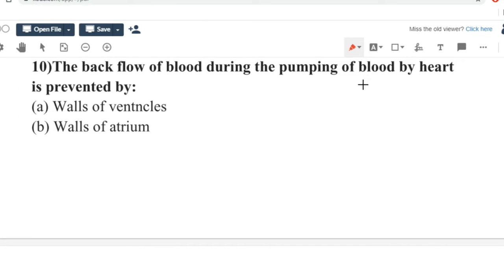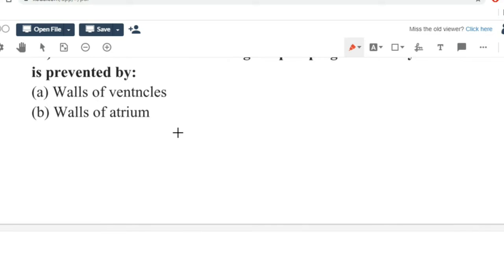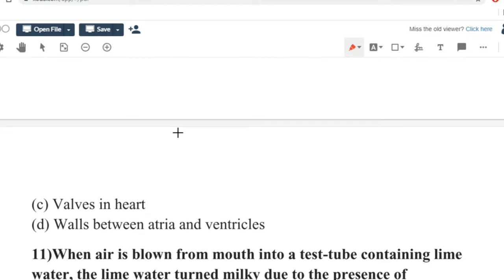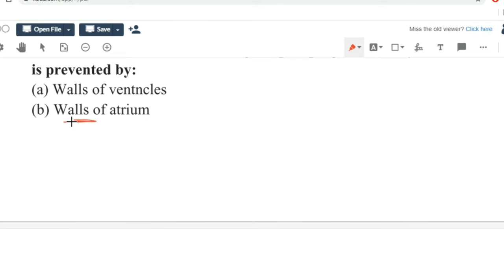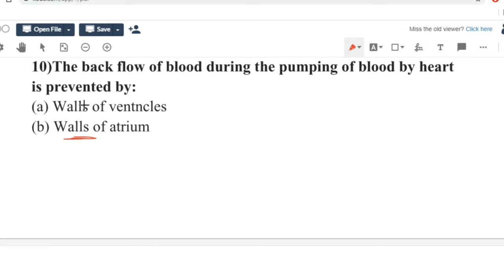The backflow of blood during pumping of blood by the heart is prevented by walls of the ventricles, walls of the atrium, valves in the heart, and walls between atria and ventricles. Now the walls which are present between the ventricles and the atrium are to separate the deoxygenated and oxygenated blood.